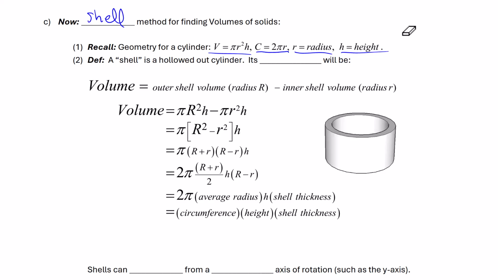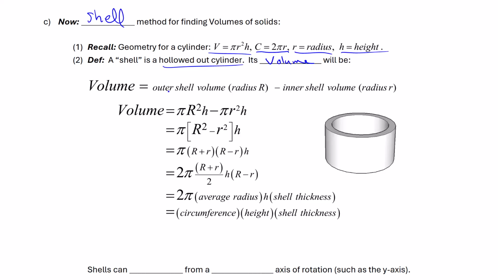Now, the definition of a shell is a hollowed out cylinder, which is why a lot of these formulas are going to make sense. Its volume, that is the volume of a shell, if it is indeed a hollowed out cylinder, will be the following.